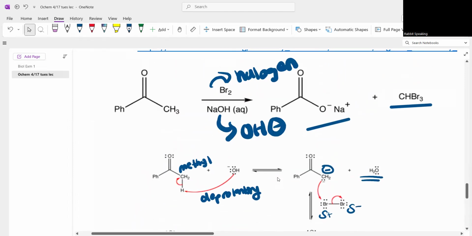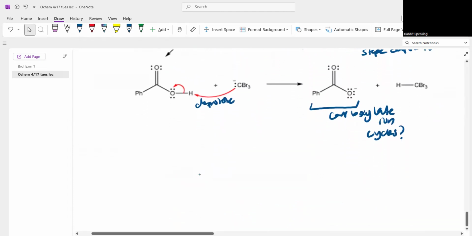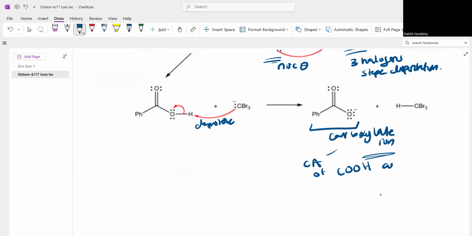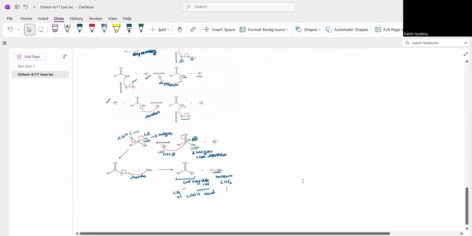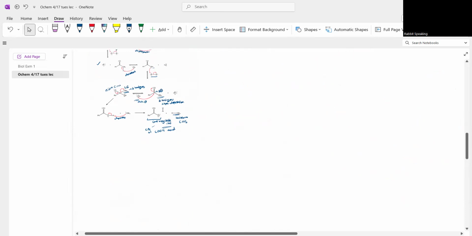Did we start with that? Oh no, we didn't start with that. We started with the methyl group, so no, actually it doesn't. But yeah, this is our product, our carboxylate ion, which remember we said is the conjugate base of a carboxylic acid. In our haloform, remember we said essentially CH, 1 hydrogen, and 3 halogens bonded. That's kind of the summary of the reaction.